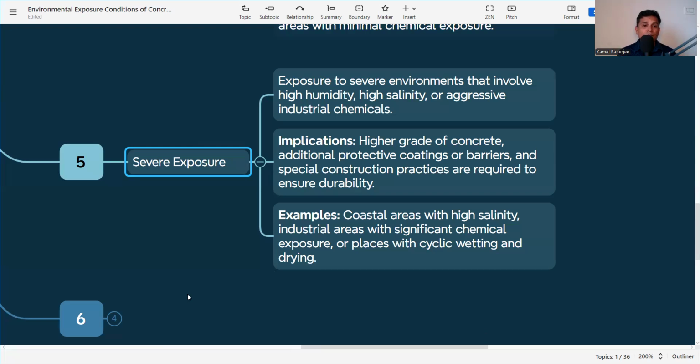And if there is cyclic wetting and drying, that means there is a temperature difference. So with the thermal expansion coefficient of the concrete, this expansion and contraction can develop cracks. So whenever it is a severe exposure condition, we need to protect our concrete, and we need to choose a higher grade of concrete also.